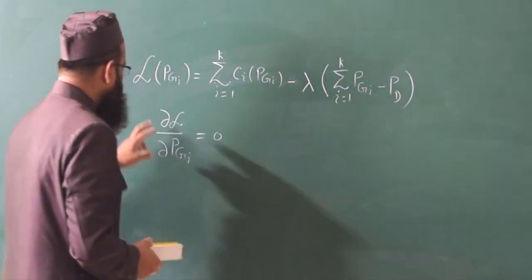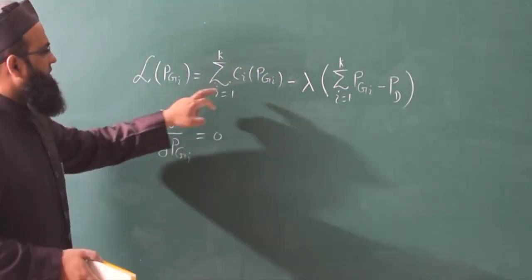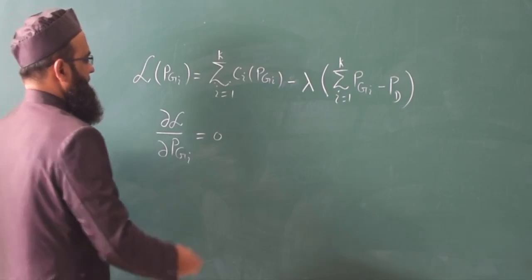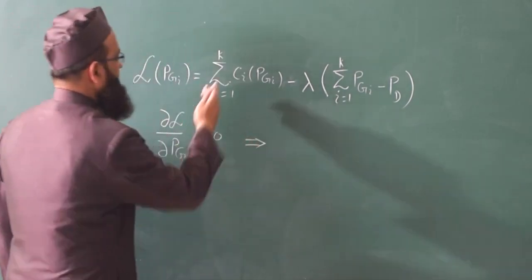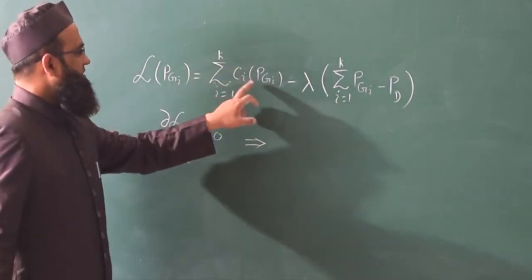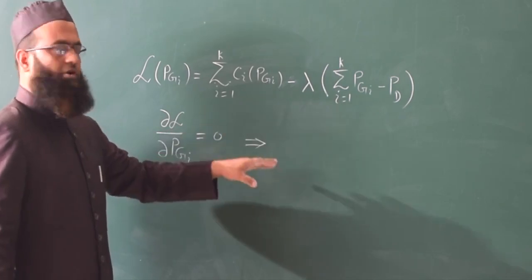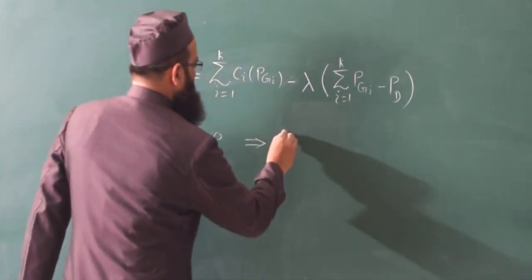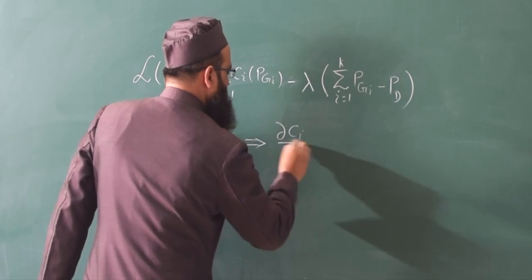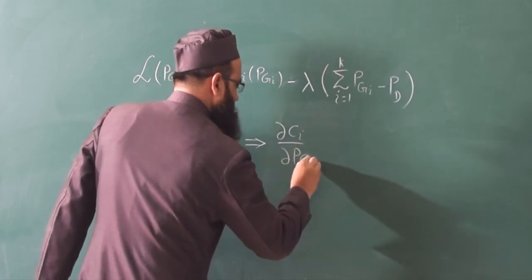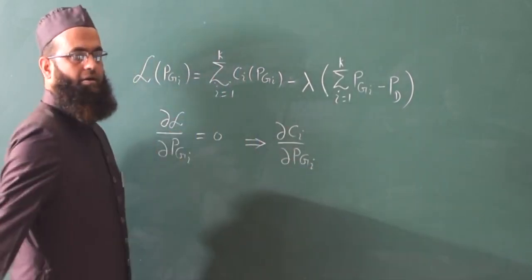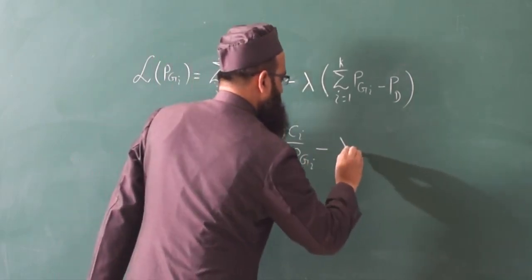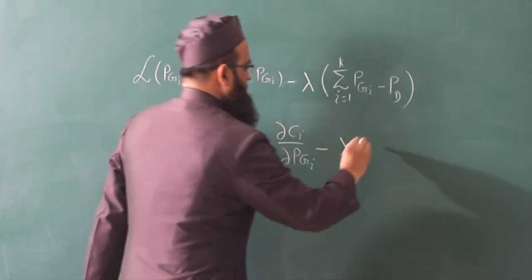So first take del L upon del Pgi. What is your L? This one. So this will be nothing but the first derivative. Pgi is there, means this is a function of this, otherwise it will be 0. So you can write del Ci upon del Pgi, fine, minus lambda, this is constant.